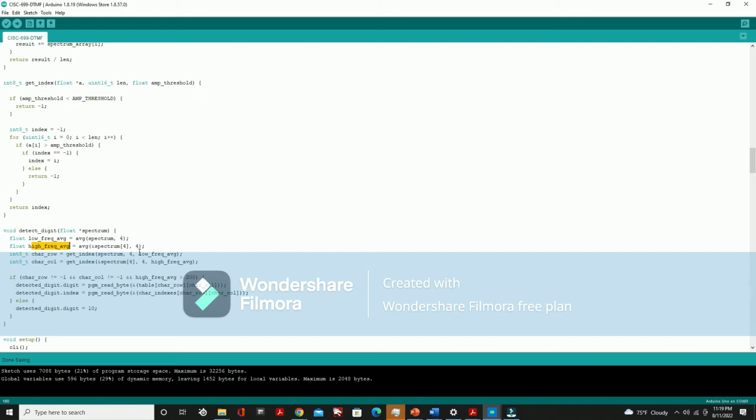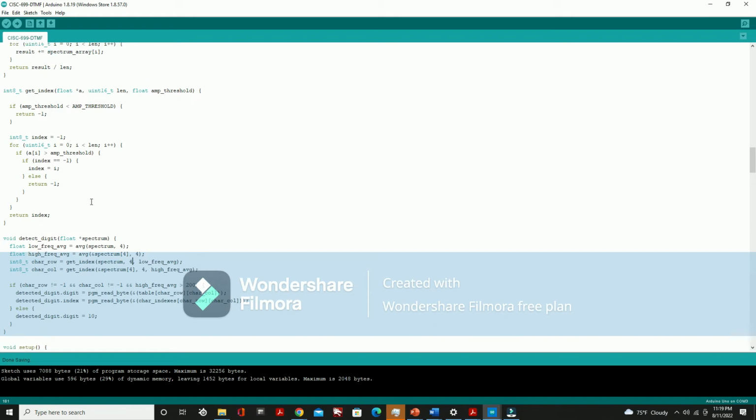Since there are a total of 8 frequency components, the lower four refers to four lower frequency components, and we call the function get index spectrum to compute the average and check for the amplitude threshold.